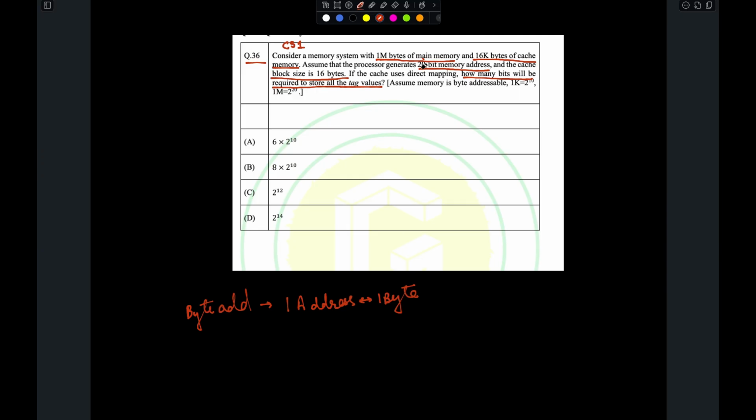Can you get my point? Now the thing is that we have 1 M of main memory and 16k bytes of cache memory.